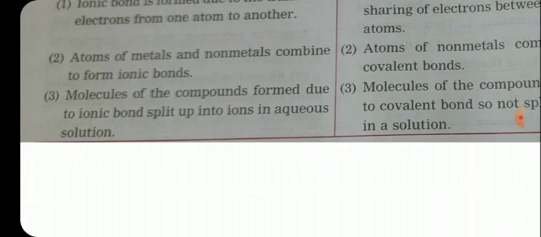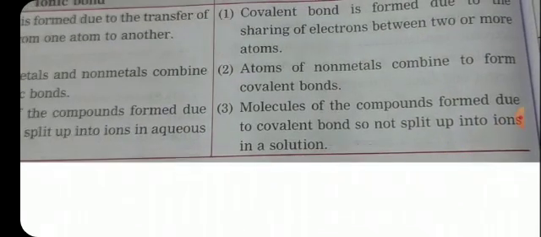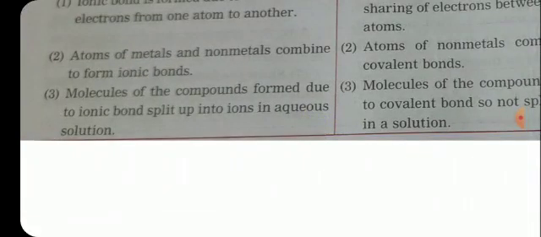Molecules of compounds formed due to ionic bond split up into ions in aqueous solution. In covalent bond, molecules of compounds formed due to covalent bond do not split up into ions in solution. For example, when NaCl, sodium chloride, is dissolved in water, ionic bond split up and ions are formed in aqueous solution.